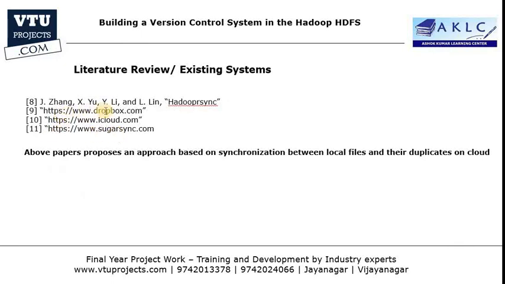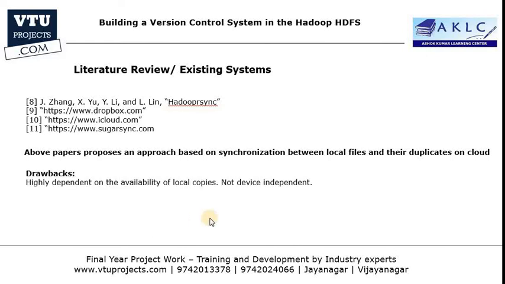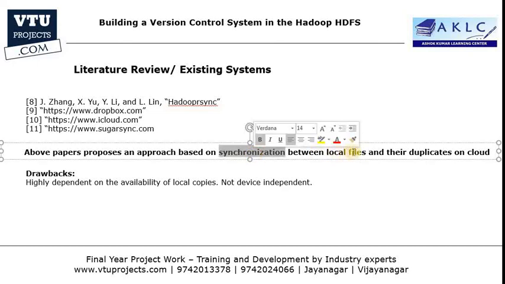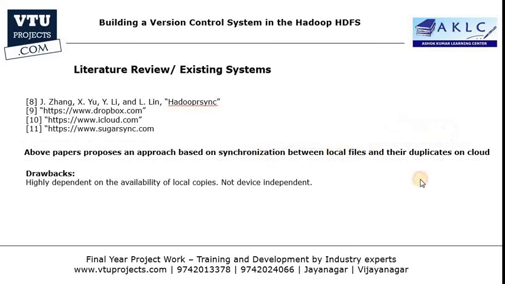And then there are Dropbox, iCloud, sugarsync.com, which you might have heard about, which also provide file versioning. But the drawback is that the local copies should always be present. These solutions provide an approach based on synchronization between local files and their duplicates on the cloud.